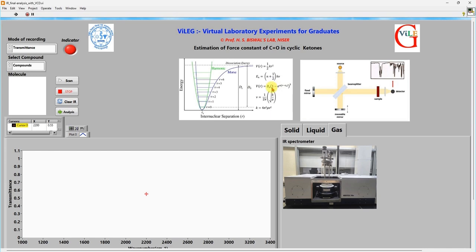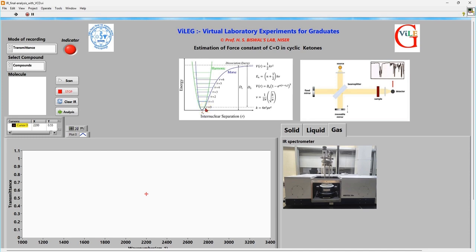And P. M. Morse suggested an empirical expression for the potential energy of an anharmonic oscillator, which is shown here. When you plot this potential, it will have a form shown in the blue line, and we can see that the potential actually matches the harmonic potential at lower vibrational energy levels.